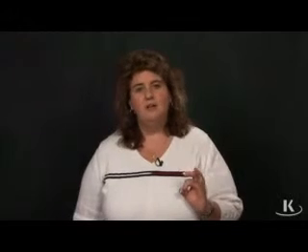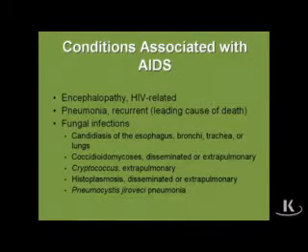Now, the next group of organisms we're going to look at are associated with patients that are clinically defined as AIDS patients. Okay, so their T cell count typically we're talking is below 200. So, encephalopathy that's related to the HIV virus itself is associated with full-blown AIDS.